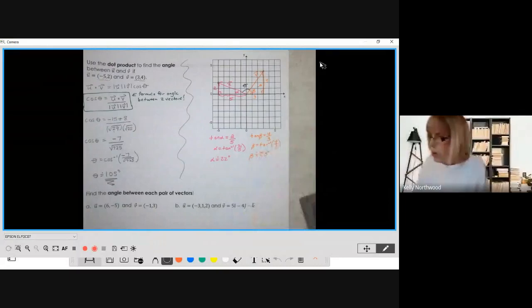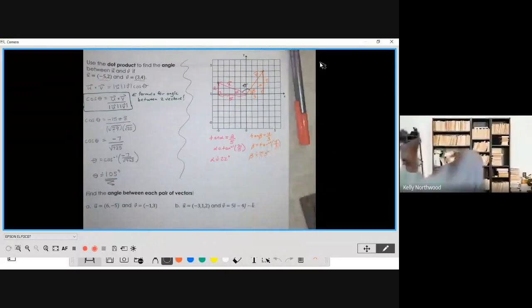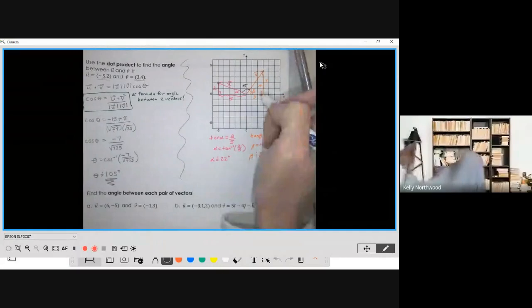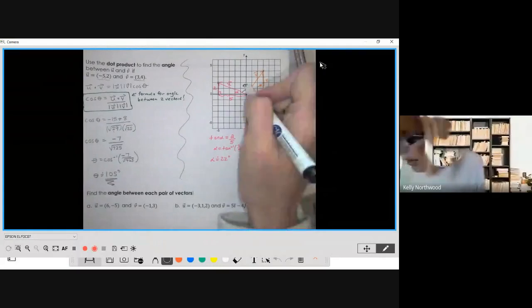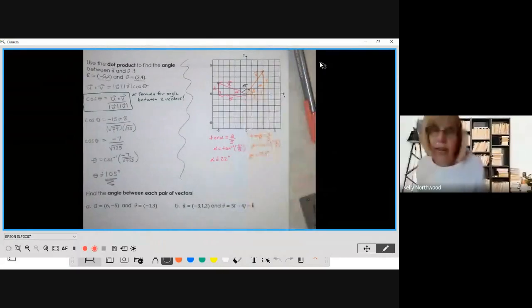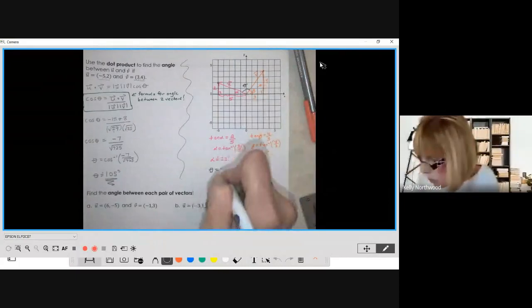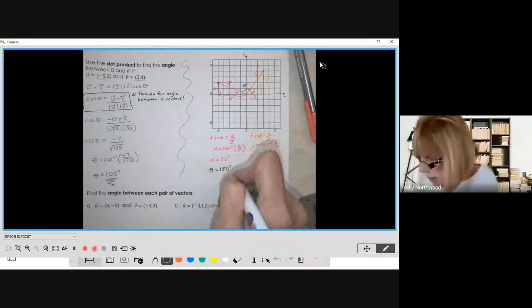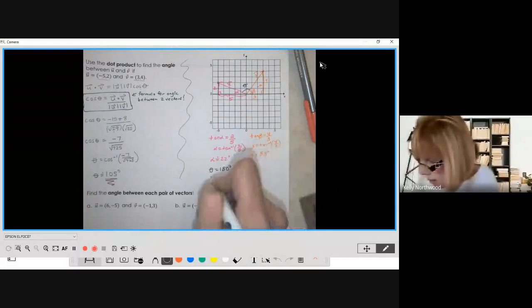Because of a straight angle, we know that beta, theta, and alpha all add up to 180 because they're parts of a straight line. So I can say that theta is going to end up being 180 minus alpha minus beta, approximately.